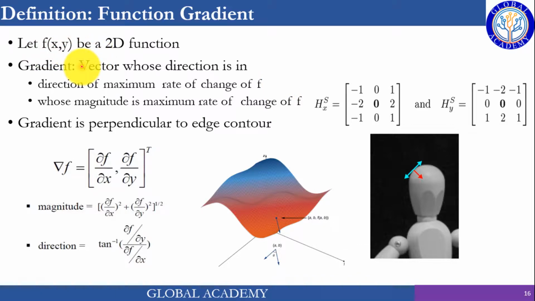We can compute this quantity, which is called gradient, at some point. It's like the partial derivative of this function along the x-axis and then the partial derivative along the y-axis. We can compute these partial derivatives using the Sobel operator along the vertical axis and along the horizontal axis.